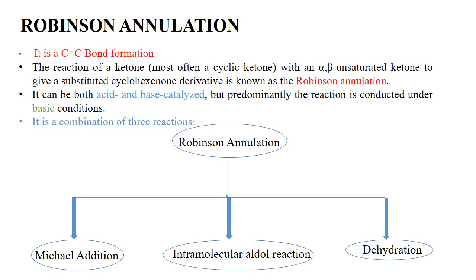First of all, the ketone reacts with alpha beta unsaturated ketone to give us the Michael addition product. That Michael addition product goes through intramolecular aldol reaction and gives us a cyclic intermediate, which upon dehydration gives us the Robinson annulation reaction product.